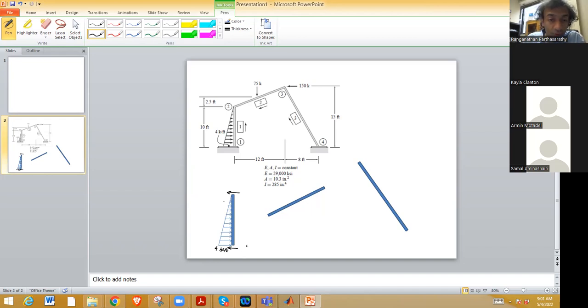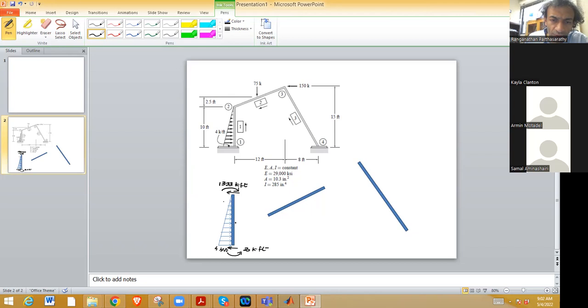So therefore, sorry, this is the moment. 20 kip foot on this side, and on this side, WL square by 30. So 13.33 kip foot. Okay. And what are the loads?